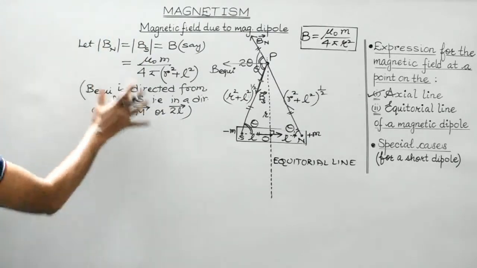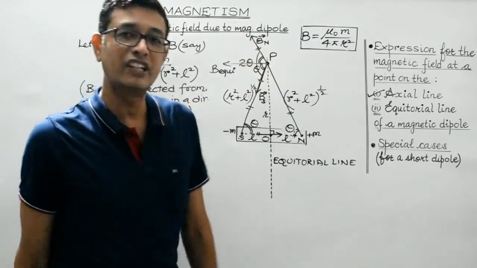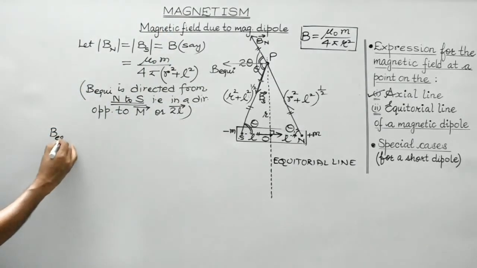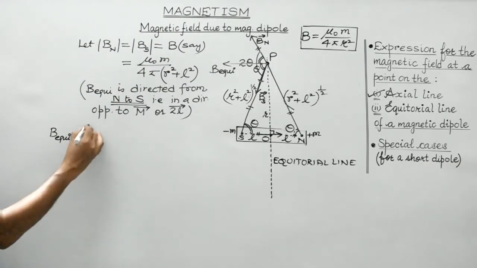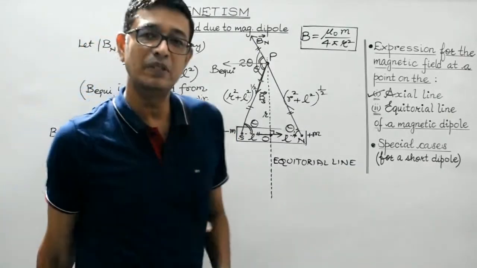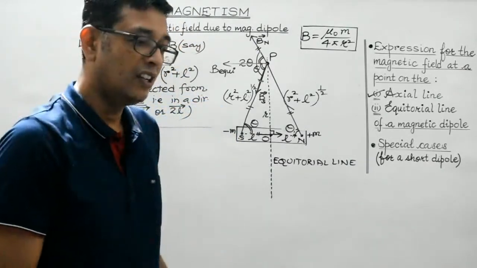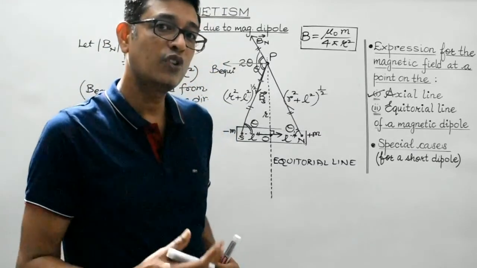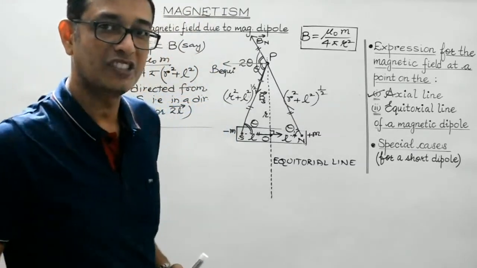Okay. Once we have obtained the direction, now let's concentrate on the magnitude part. Let's find out the magnitude. We are aware, students, if the two vectors A and B are inclined at an angle theta, then the magnitude of the resultant is given by square root of A square plus B square plus twice AB cos theta, isn't it?